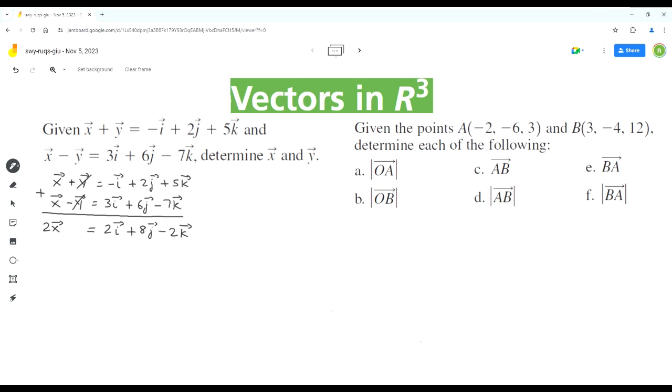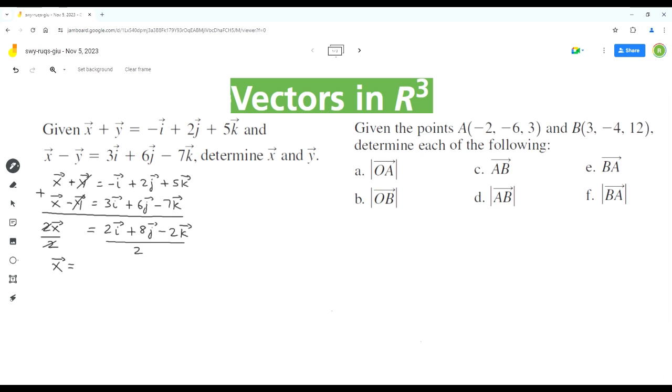Now we can isolate x on the left side by dividing both sides by 2. Now on the right side, we'll divide each coefficient of these unit vectors by 2.